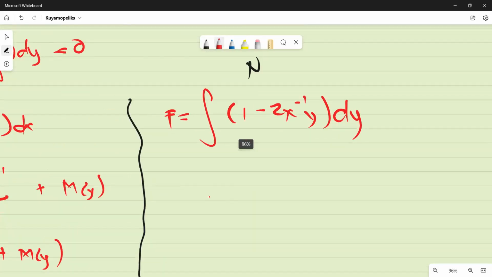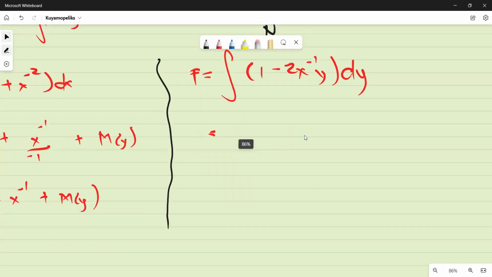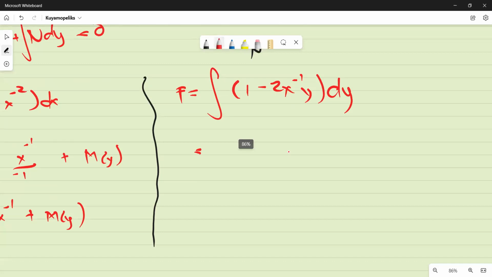So let's proceed. We should integrate this with respect to y, which means all the x are constant. And this becomes y minus, the constant 2x negative 1, and that is y squared divided by 2. Cancel.